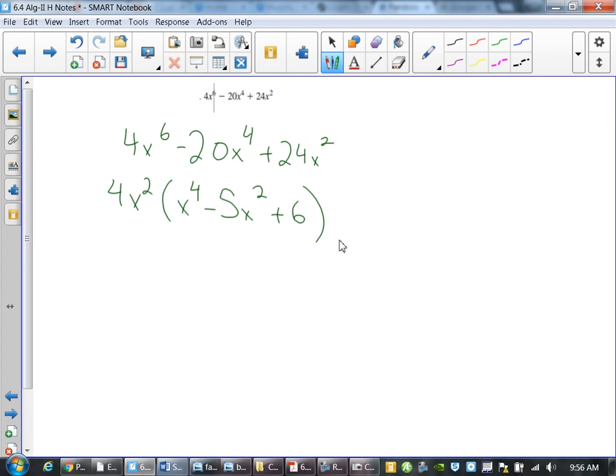Negative 3, negative 2. So the 4x squared comes along for the ride, and you get x squared minus 3 and x squared minus 2. Because if you FOIL that out, you get x to the 4th minus 3x squared minus 2x squared plus 6, and it works. Anytime you have the degrees cut in half as you're going down, treat it the exact same way as you would before.